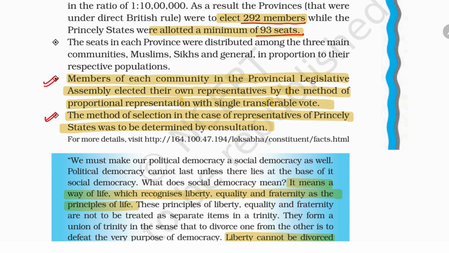Members of each community in the provincial legislative assembly elected their own representatives by the method of proportional representation with a single transferable vote. The method of selection in the case of representatives of princely states was to be determined by consultation.